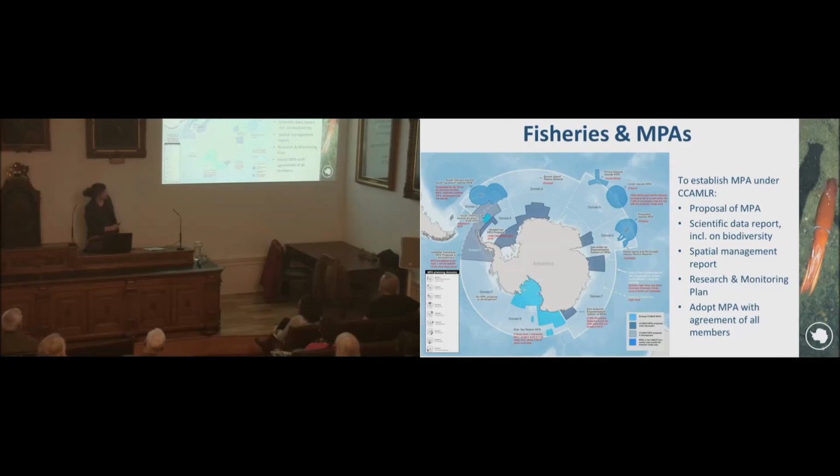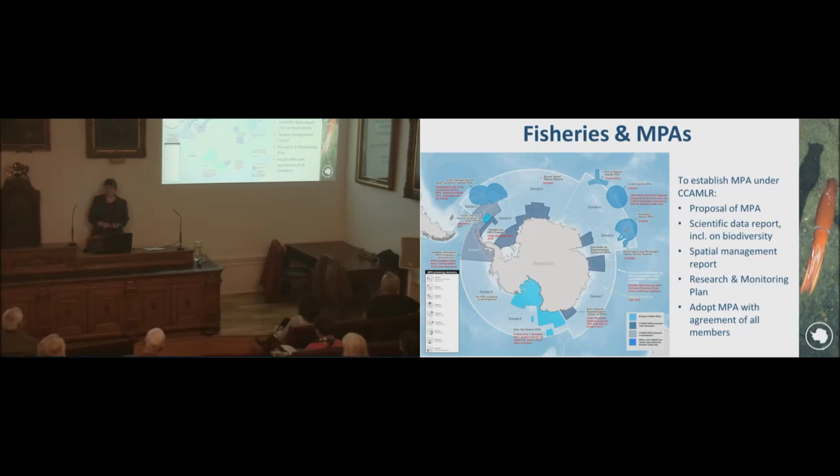And in the last year, 2016, the Ross Sea MPA was adopted by all countries that are represented in CAMLR. But it's quite interesting that this area is not there. It is not protected, because this is the area where the fishery businesses are. And when they tried to protect that area as well, they failed to get the rest protected. So if you want to protect an area, you need to propose an MPA to CAMLR.